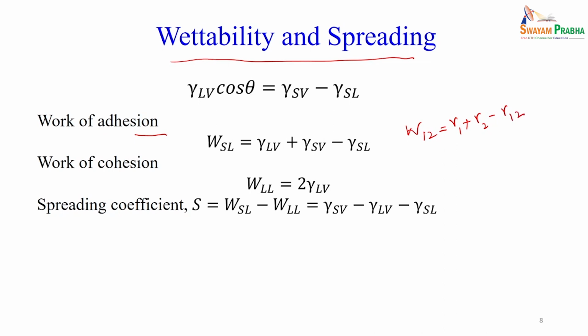But if it is cohesion, W 1 1 will be twice gamma 1. This is the difference between adhesion and cohesion. So, work of adhesion we know, work of cohesion is known.